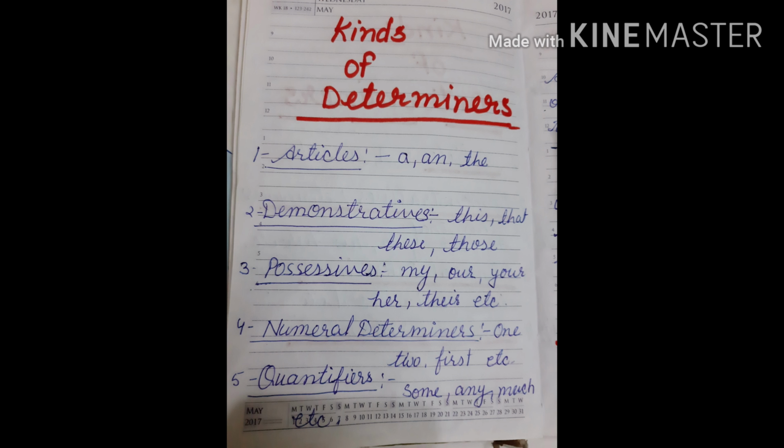This, that, these, those are demonstratives. My, our, yours, hers, theirs. These are some possessives. One, two, first, last. These are numeral determiners. Some, many, much, more. These are quantifiers.